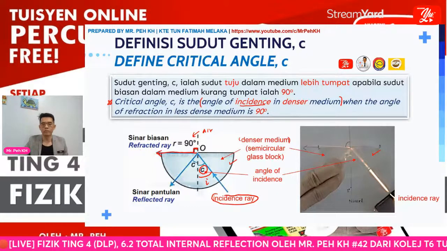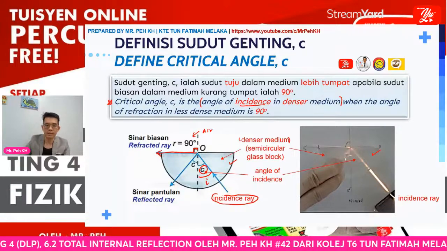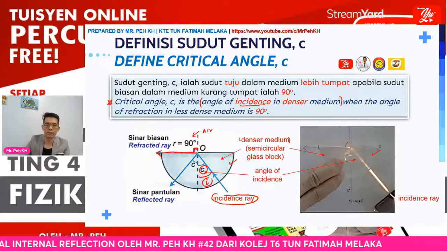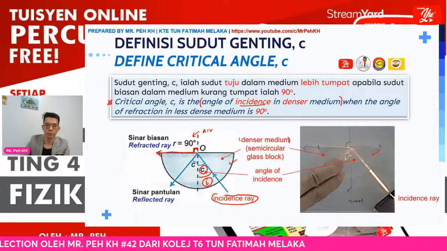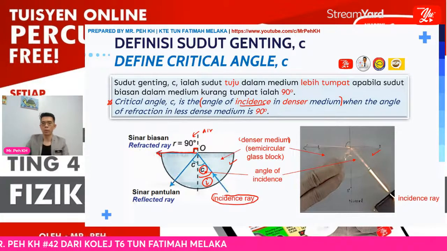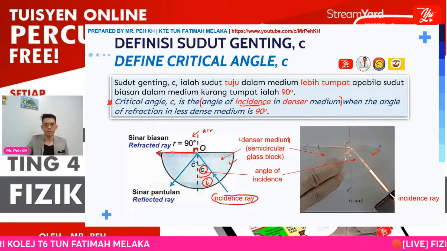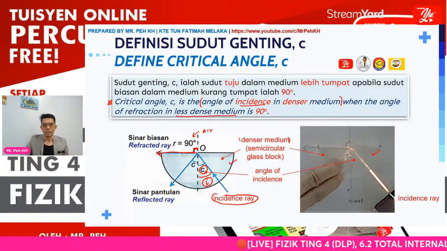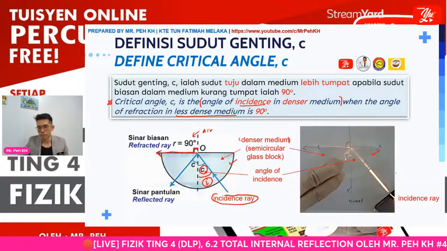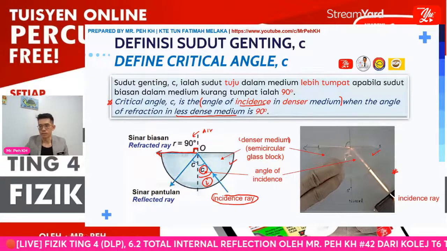Okay, so I repeat. The incident angle in the denser medium will be known as the critical angle when the refracted angle in the less dense medium, which is air here, is equal to 90 degrees. You can see from another picture here.